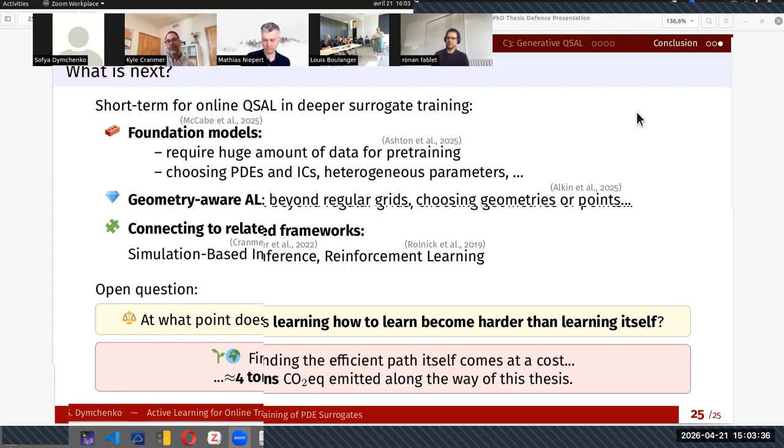For example, in PINNs, there are some works which are not using the loss itself, but some different information. For example, the NTK, the neural tangent kernel. It's more about the gradient information, the optimal direction of the weights depending on which data is given.